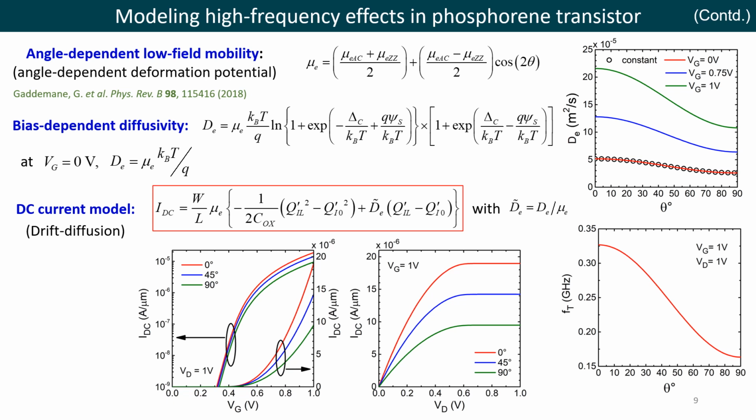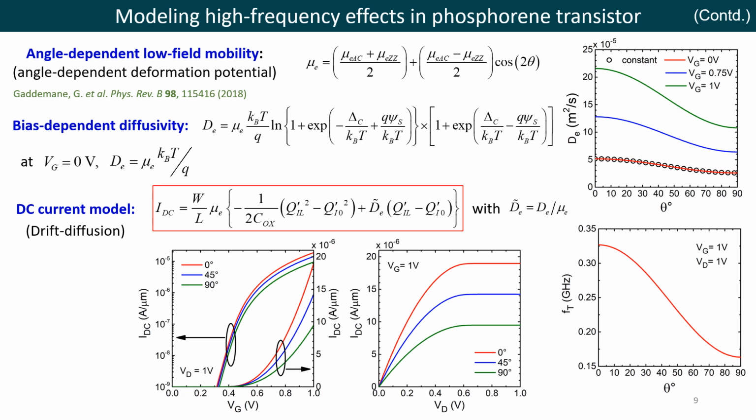Now, using the drift diffusion formalism, we can formulate the DC drain current as noted here as IDC. Quite obviously, the drain and transfer characteristics also reflect the effect of anisotropy. For example, maximum mobility along the armchair direction yields a maximum saturation current of about 19 microampere per micrometer for theta equal to 0 degree at transistor saturation, whereas the same is almost 9.5 microampere per micrometer along theta equal to 90 degree.